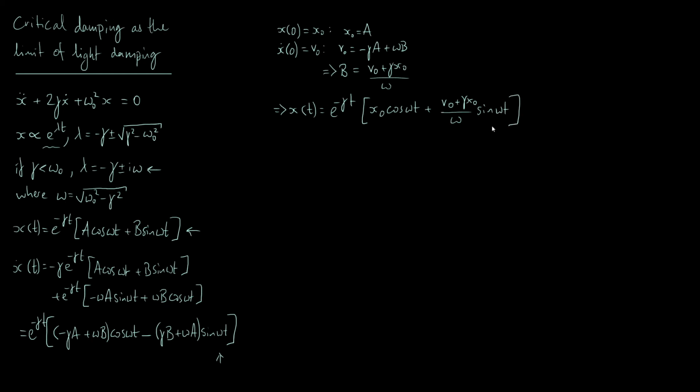Okay, so that's our solution for x of t, given these initial conditions that we have a displacement of x naught and a velocity of v naught.